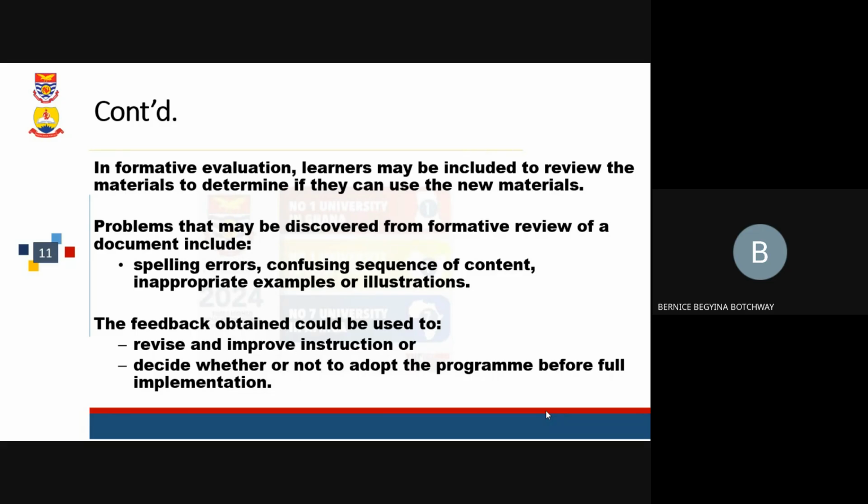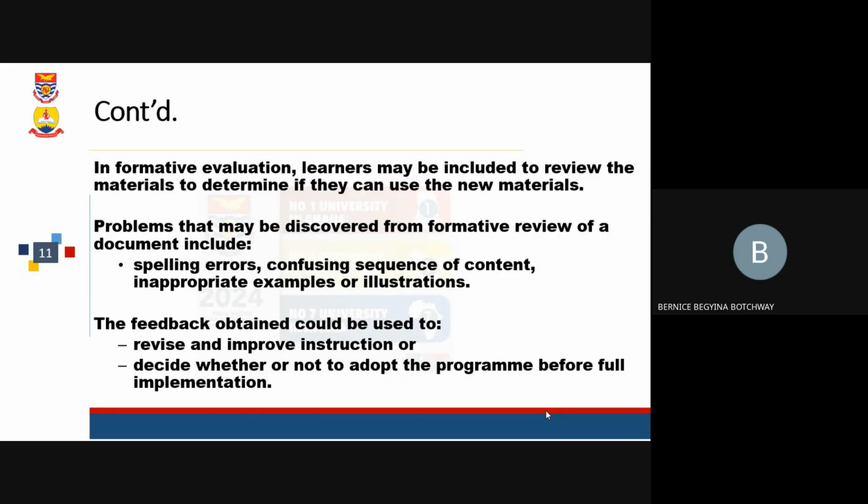Some of the problems can also be inappropriate examples or illustrations. Some examples or illustrations may not really bring out what we want to tell students or what we want students to know. So doing that, they will see all these kinds of problems or errors in the curriculum. And then the feedback obtained could be used to revise and improve instruction.